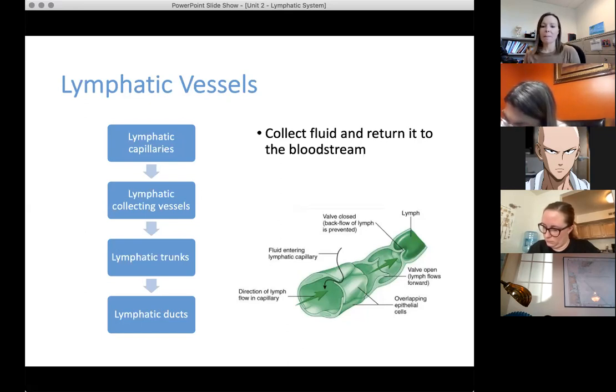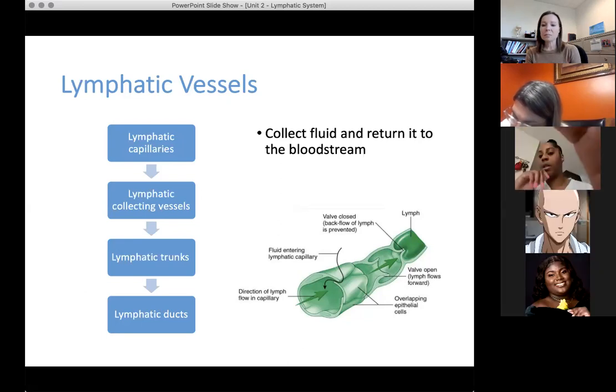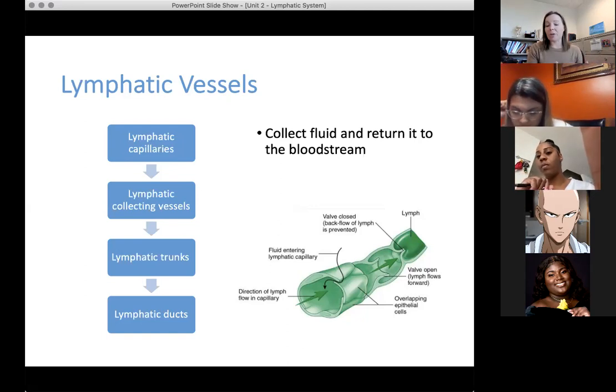So are we using collect and drain interchangeably? Yeah, you just need to know what those terms mean. I don't have a set thing written down, but it's collecting it to drain it, basically. It's pulling it out of one area and taking it away from that area, where it's located around your tissues.